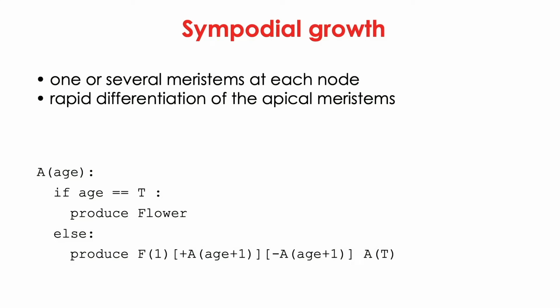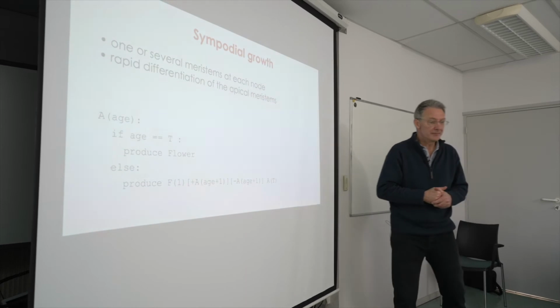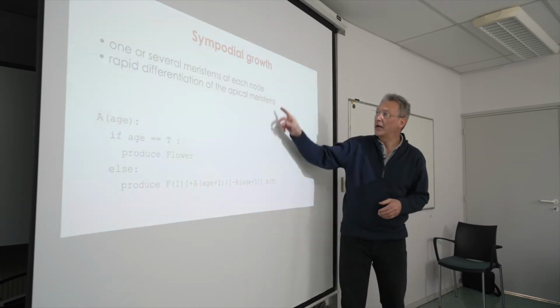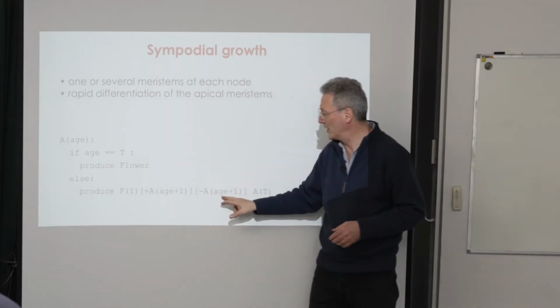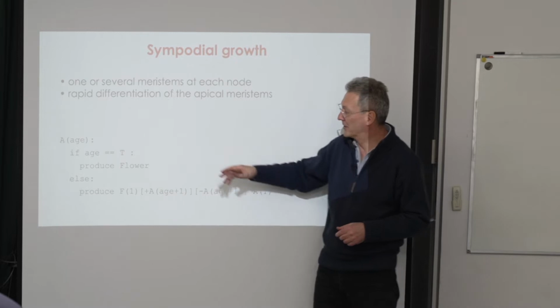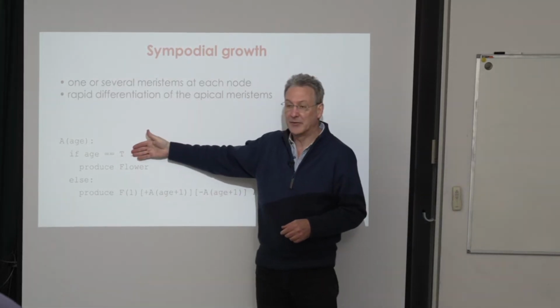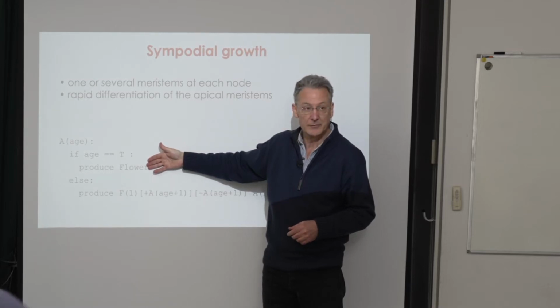With a sympodial plant. So this was how, in principle, to model a monopodial plant. And this is in principle how you would model a sympodial growth with two lateral buds. And again, we say that if I reach a certain age, I become a flower.